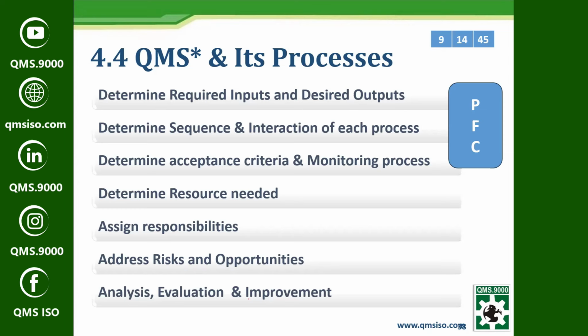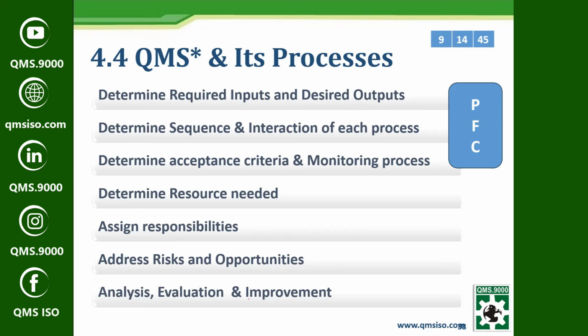And if it is environment, what are the processes where you are polluting the air? There is wastewater, and so on. I will cover that in the coming slides. So the standard clause 4.4 requires that you must define your processes in a clear way so that you understand the input and output of that specific process, and what the acceptance criteria are from one process to the other.